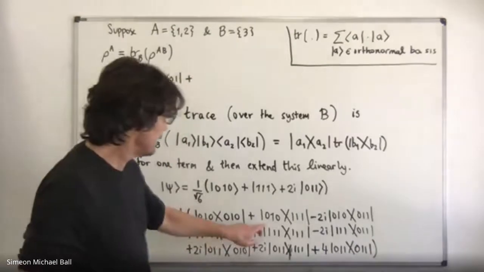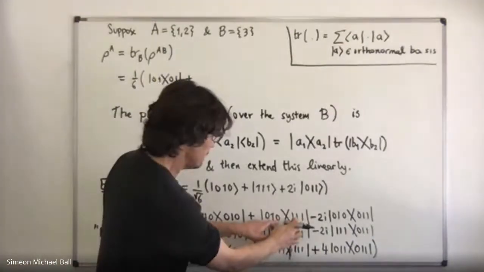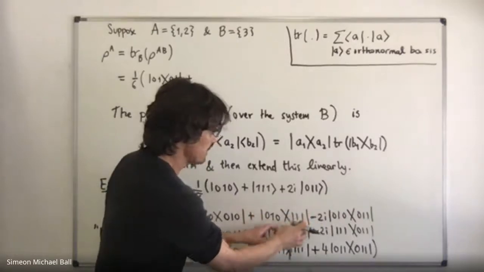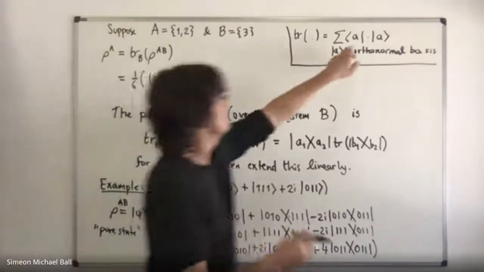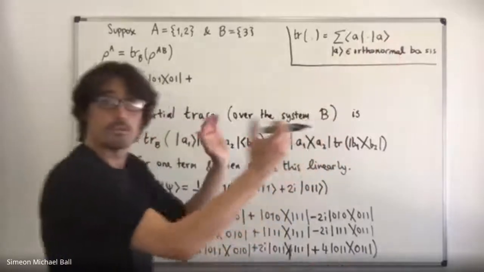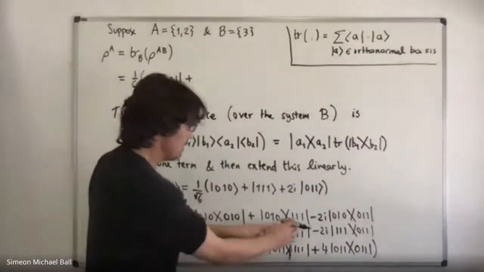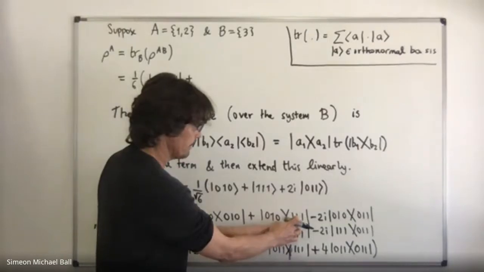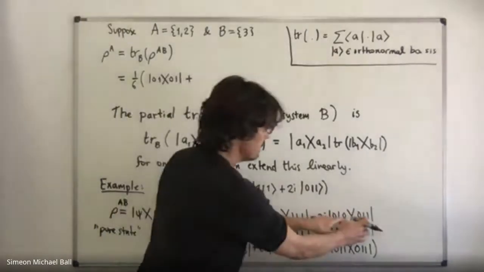Now here I get 0. I need a 0 coming from this side and a 1 coming from this side, which I don't have, because I have 0, 0 or 1, 1 coming from the 2 sides. So in both terms, they're both going to be 0. And here, likewise.